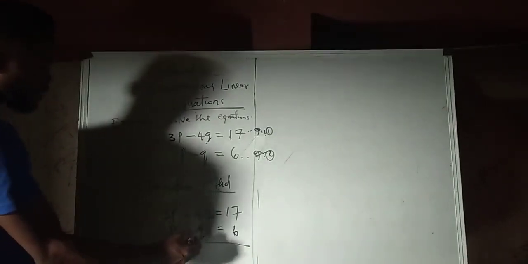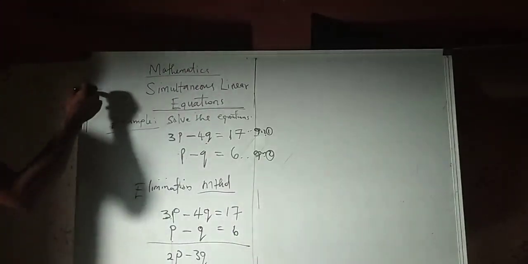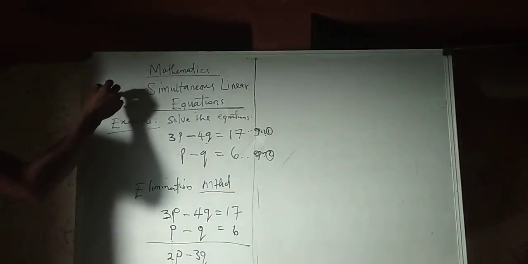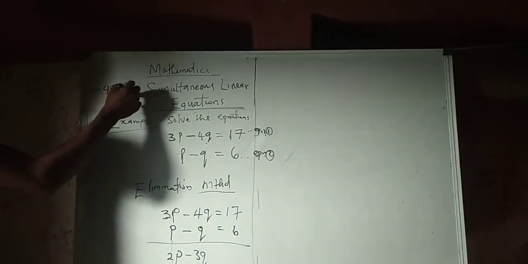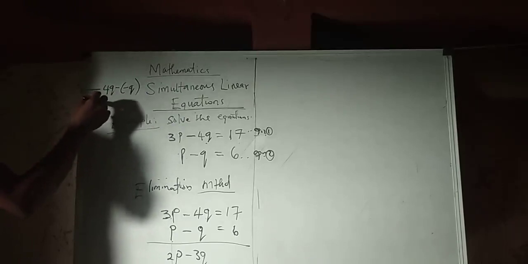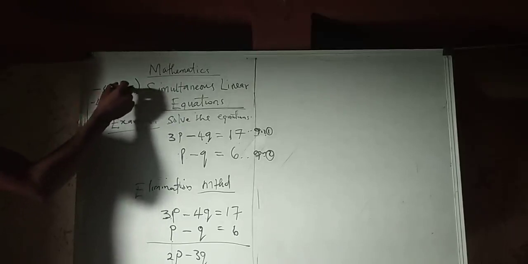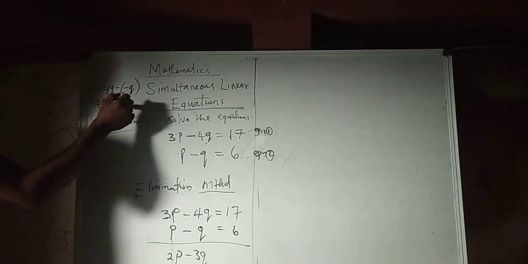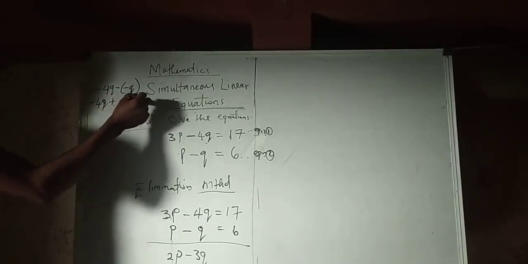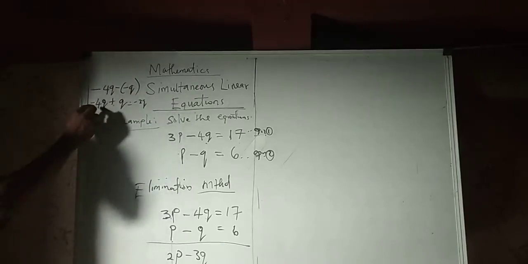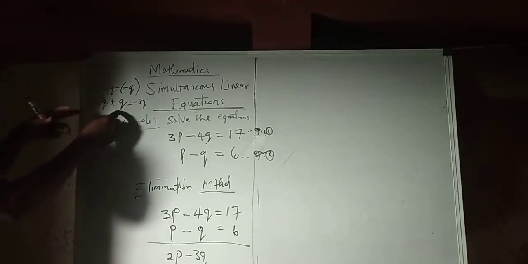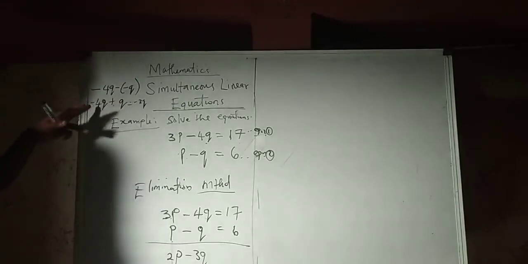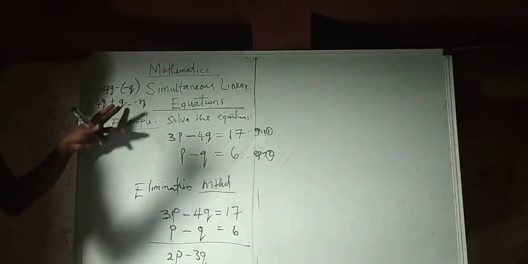Then minus 4q minus q: minus q becomes plus q, so minus 4q plus q is going to give me minus 3q. Because it's like saying 4 minus 1 gives 3, so 4q minus 1q gives 3q.